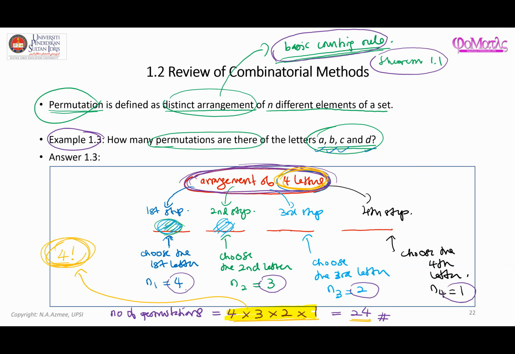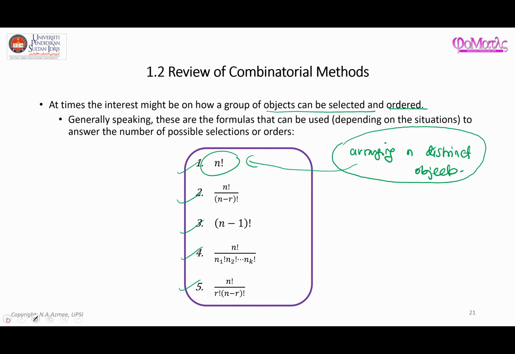Therefore, when you want to solve this kind of problem, you can also use this formula, n factorial. If you have n objects, the number of ways to arrange them is equal to n factorial. I hope you can see that the idea of the basic counting rule, which I illustrated in the previous video, leads to the solution of n factorial. So there are 2 ways of solving this problem.